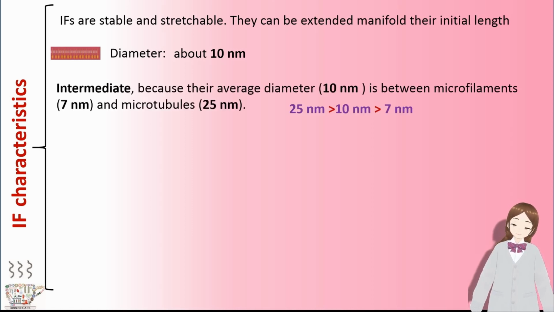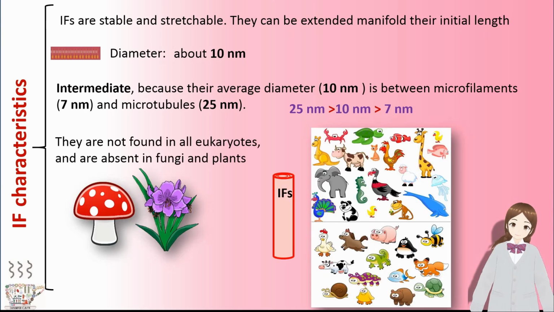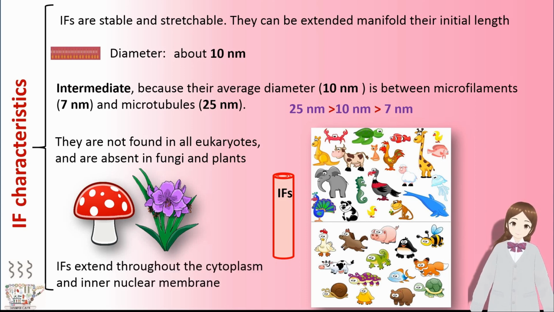They are called intermediate because their average diameter, 10 nanometers, is between microfilaments, 7 nanometers, and microtubules, 25 nanometers. They are not found in all eukaryotes and are absent in fungi and plants. Intermediate filaments extend throughout the cytoplasm and inner nuclear membrane.